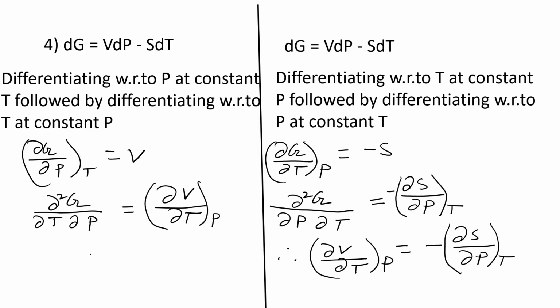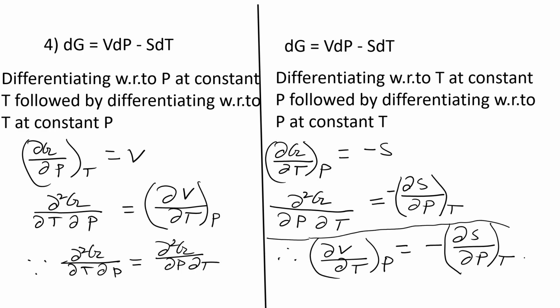These two are same. Why? Because as I told you, it is an exact differential. I didn't write here, let me write. ∂²G/∂T∂P is equal to ∂²G/∂P∂T. Okay. So since this is same, therefore this is our fourth Maxwell relation, right? This is the fourth Maxwell relation.